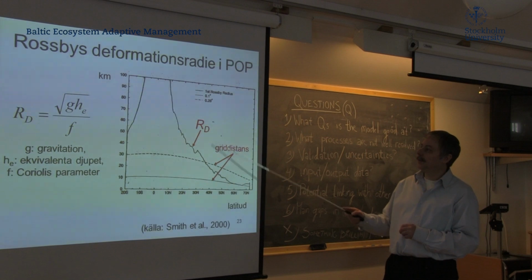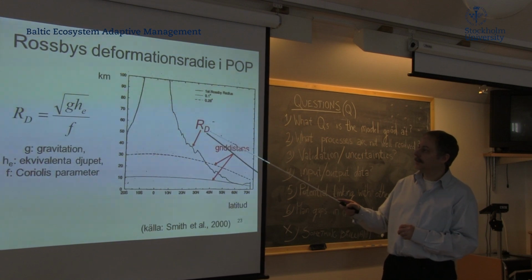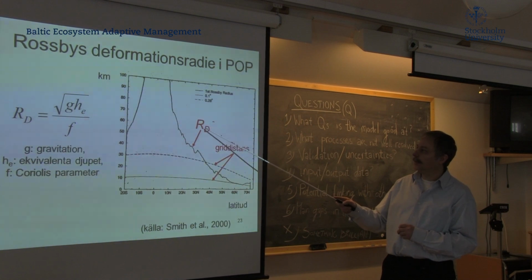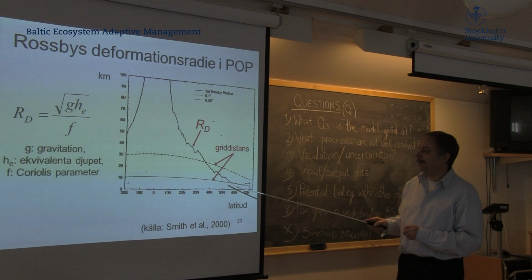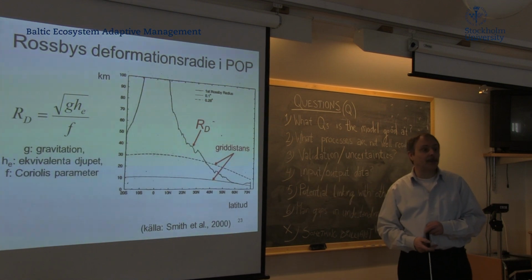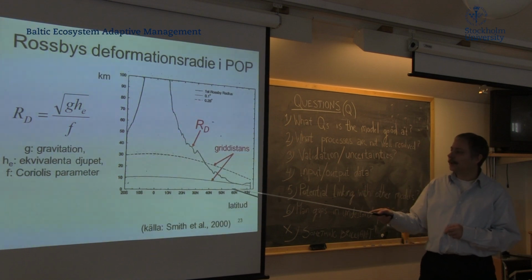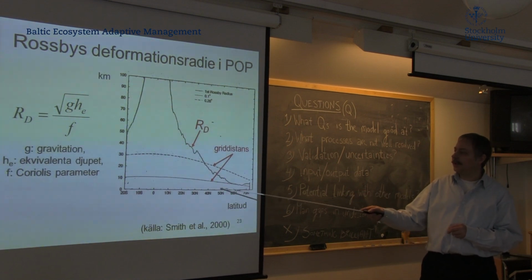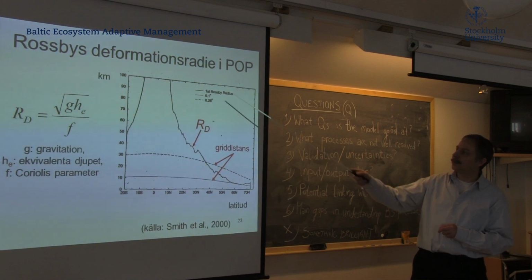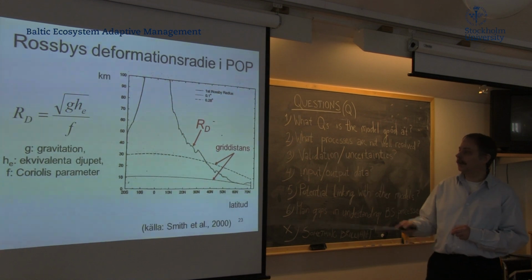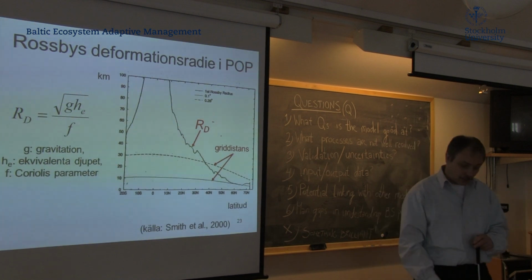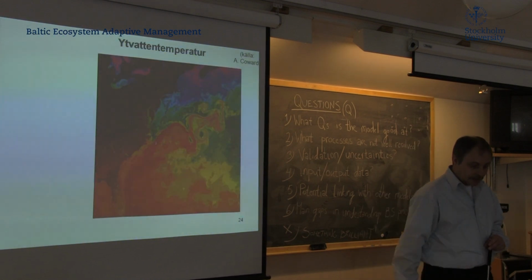And then you can also display the Rossby radius of deformation. That's this solid curve. It is very large, close to the equator, so there's no problem. But if you go further to the north to Baltic Sea conditions or even to Arctic conditions, then you have a problem, at least with the coarse resolution version of this POP model. So there is a certain resolution really necessary of 0.1 degree, at least in this example.